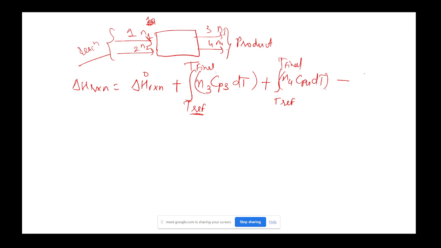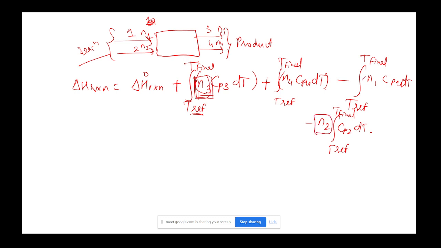Since reactants are consumed, I will subtract that much heat: integral from T reference to T final of N1 Cp1 dT minus N2 integral from T reference to T final of Cp2 dT. Now here, if this is the initial number of moles, then you need to write delta N, which is the change in number of moles.